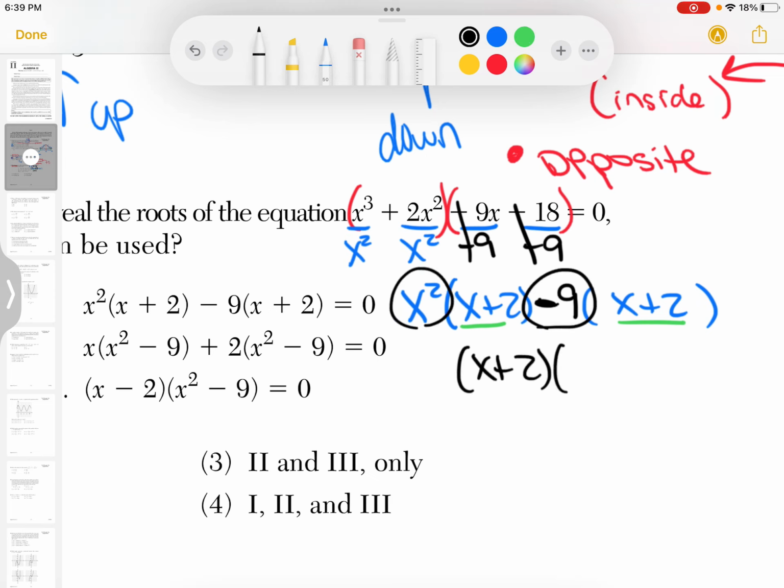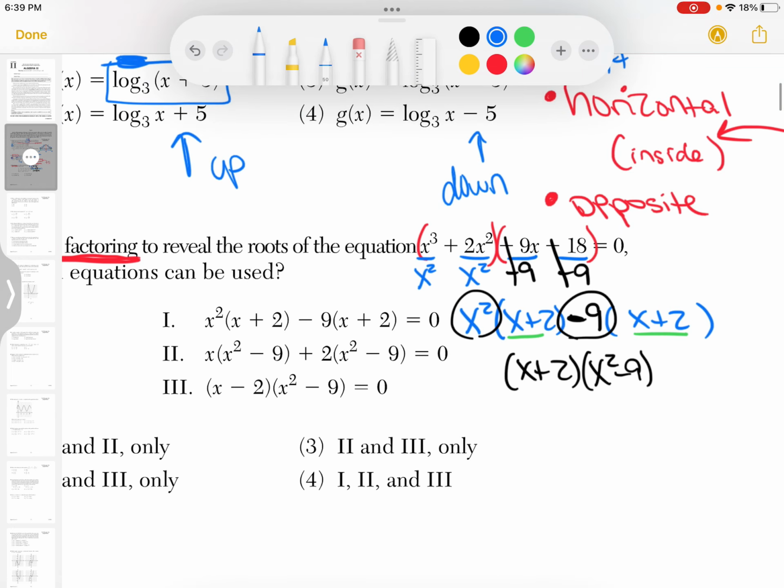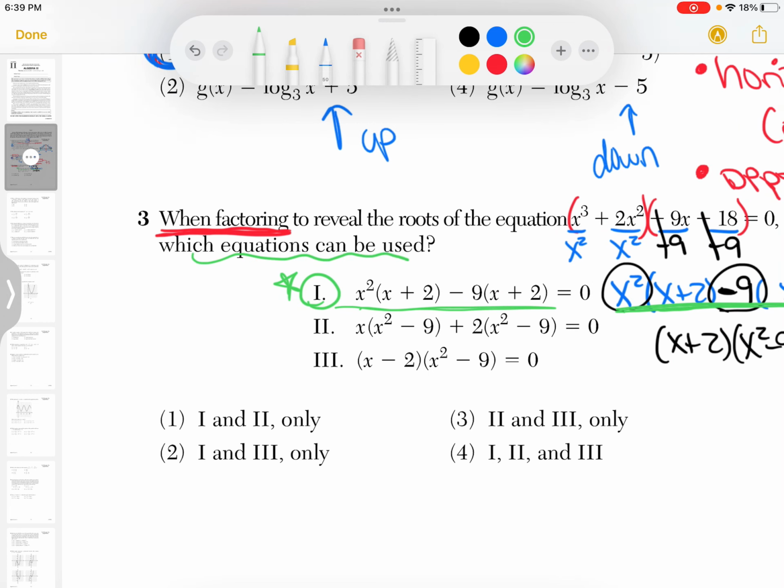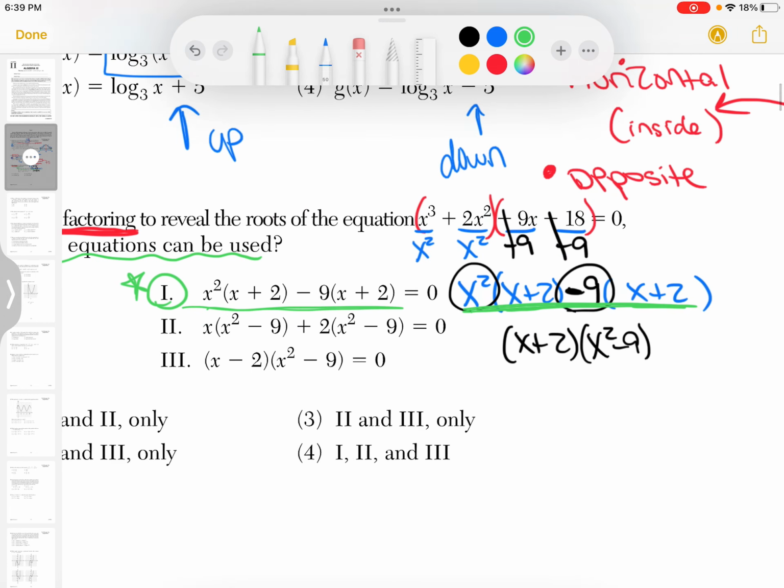So I'm going to bring down that x plus 2, and then you put your 2 GCFs together, x squared minus 9. Now this can be factored again, but before I continue on, I'm going to do what it's asking me to do and check the steps along the way. So this step right here is exactly this step right here, which is perfect. That means this one is correct, and it is an equation that can be used to help me get to my final answers.